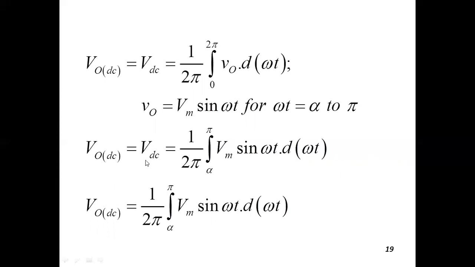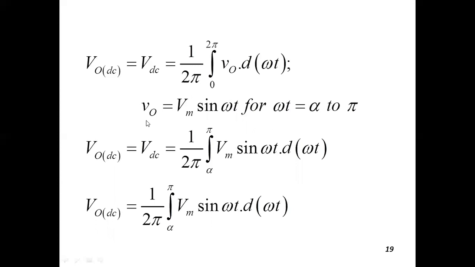Under 0 to 2 pi, only alpha to pi has output voltage. What about pi to 2 pi? It should be 0, because in the negative half cycle the thyristor is not conducting. Therefore, we consider only the alpha to pi interval.